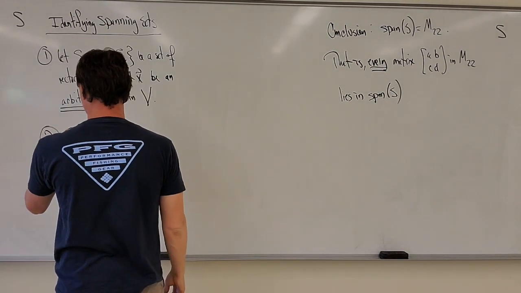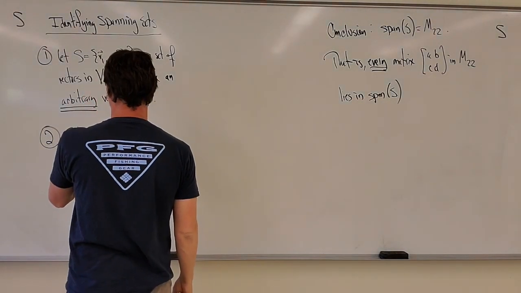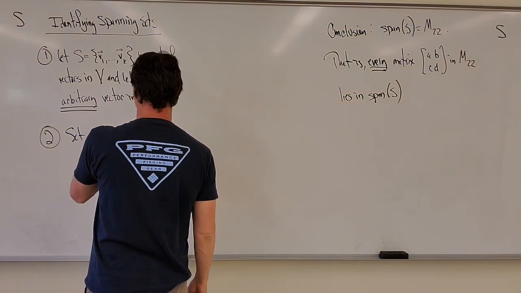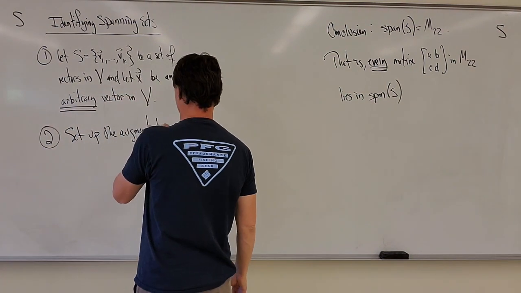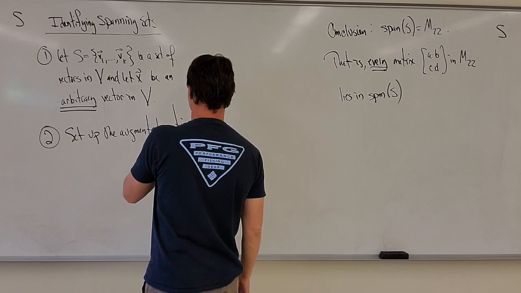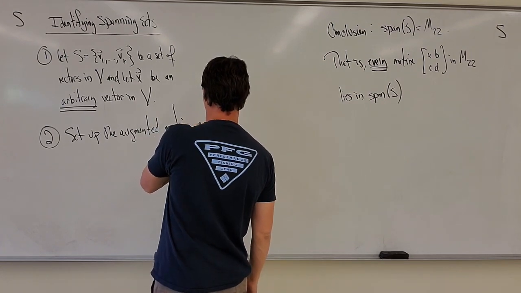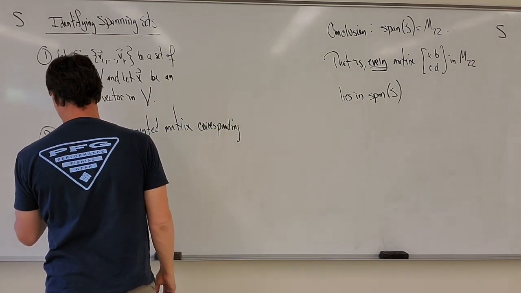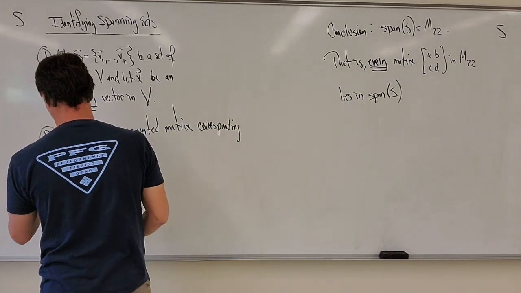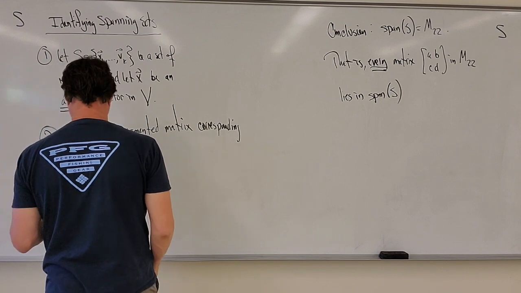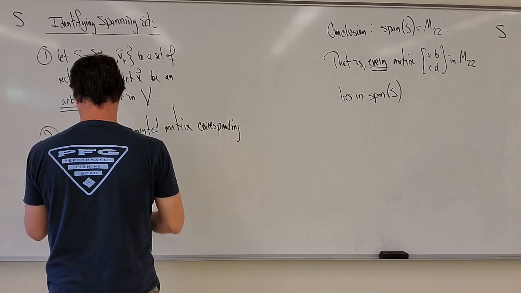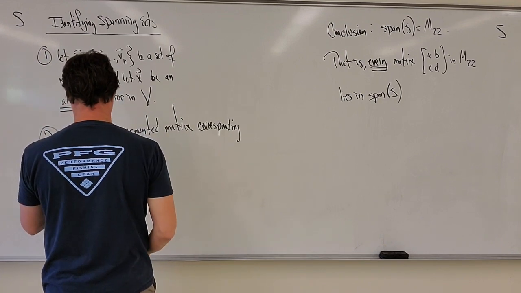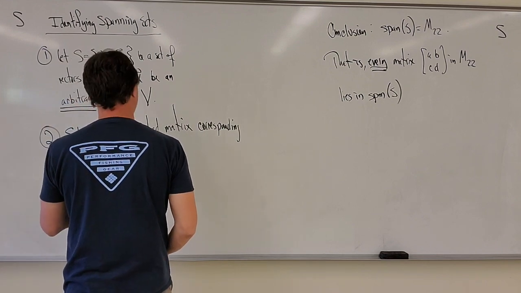So now, set up the augmented matrix corresponding to the equation, I guess it'll be x1 times v1 plus, I used an x.